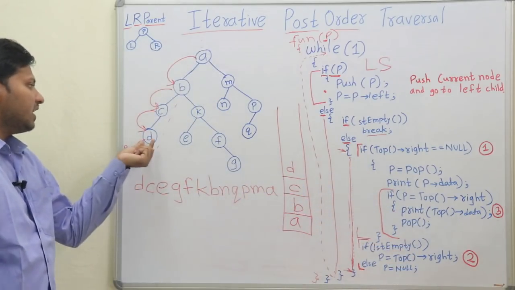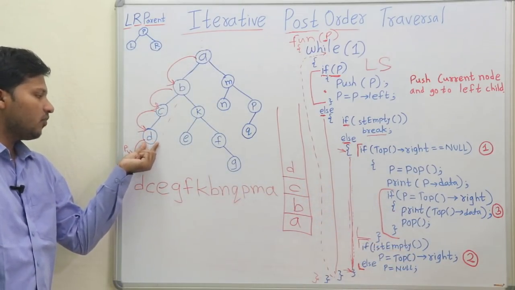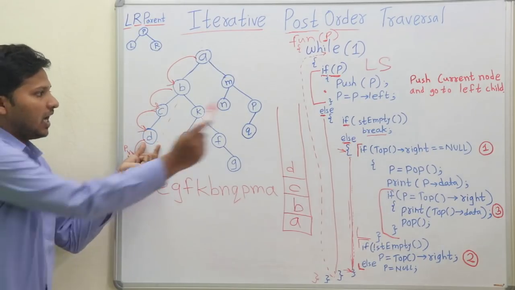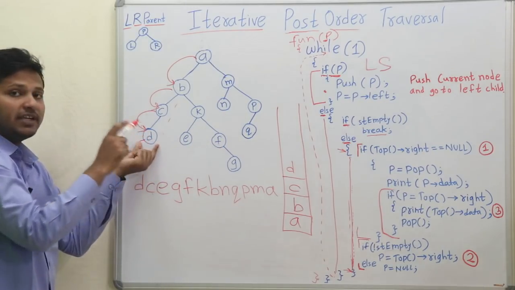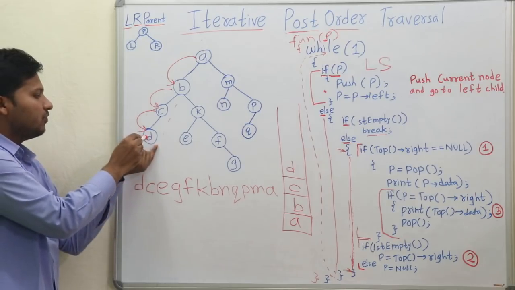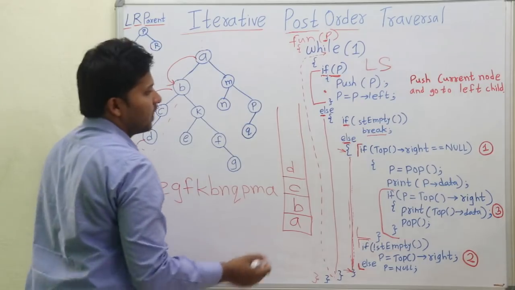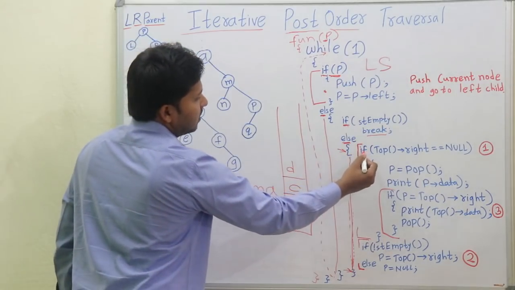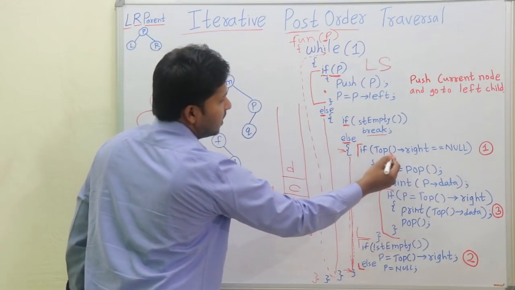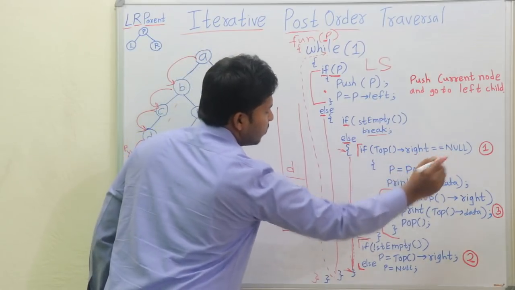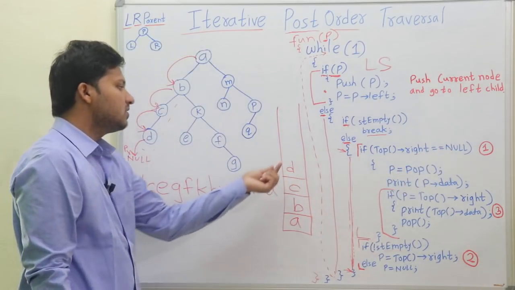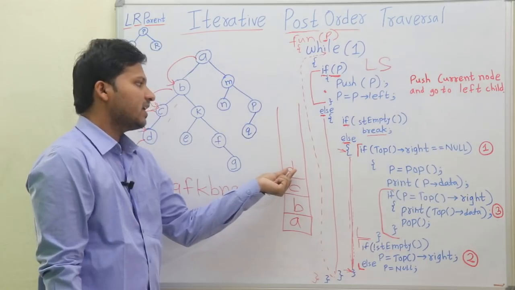Whatever case is satisfied for a node in the binary tree, I will number it here, so that you can easily understand which case was satisfied for which node, right? So now check in the else block if top points right equal to null.